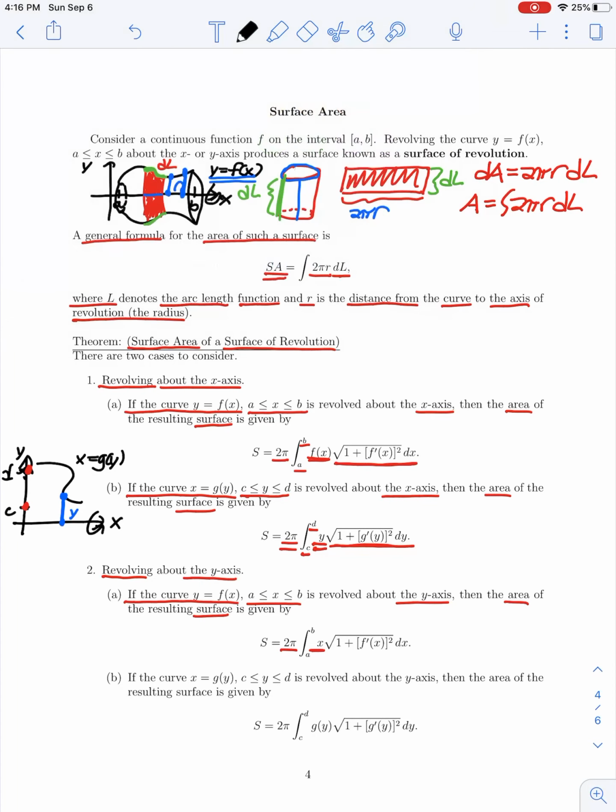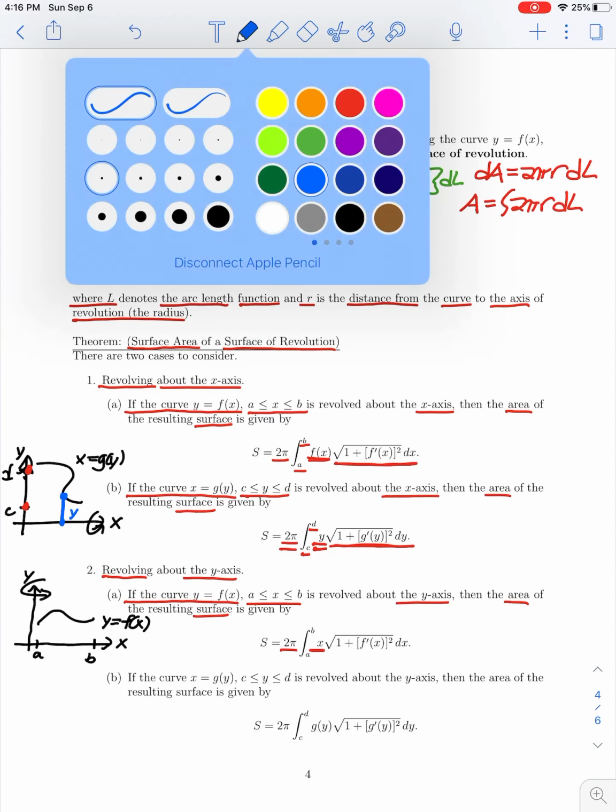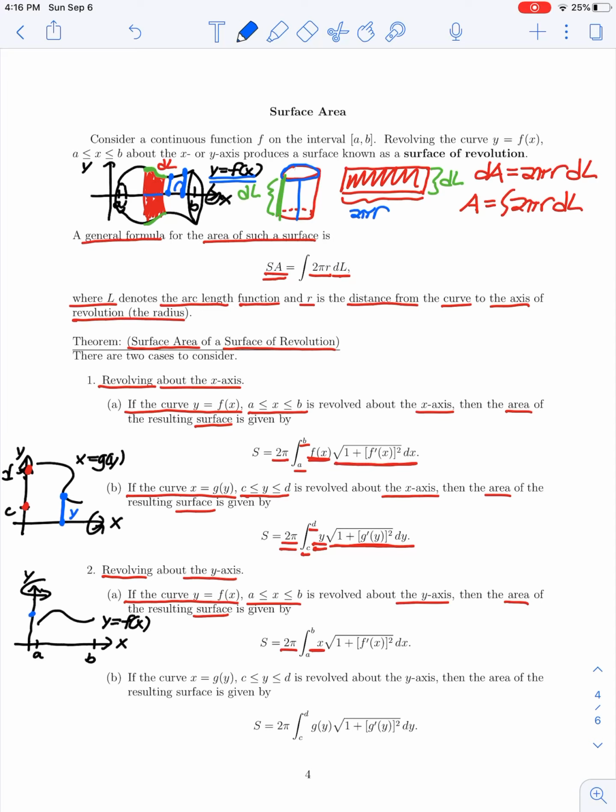Let's visualize it. So if we have some curve in the xy plane, which is the graph of a function y equals f of x from x equals a to b, and we're revolving this about the y-axis, then the radius of this little cylinder would be the distance from the y-axis horizontally out to our curve, which is what we call x.